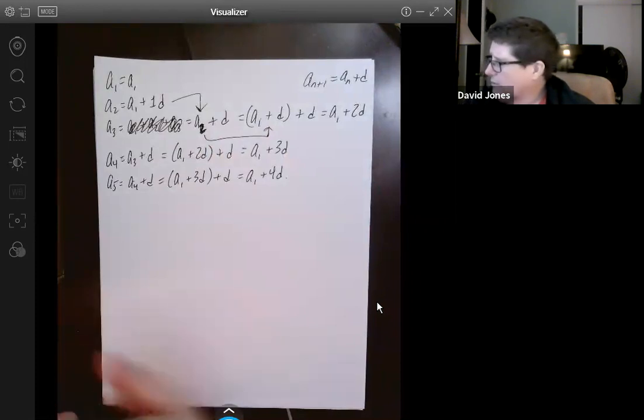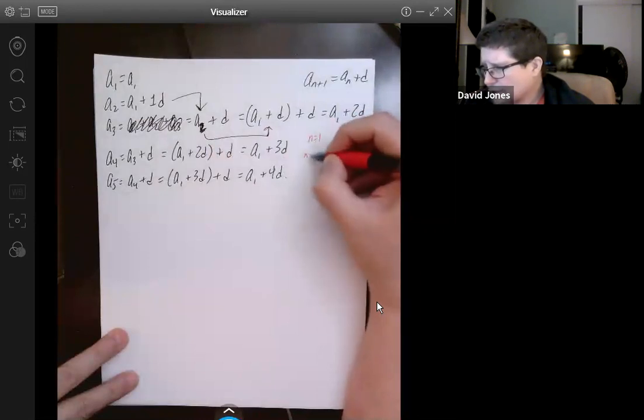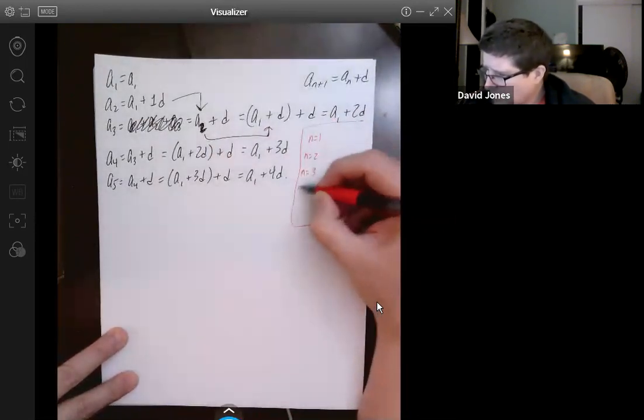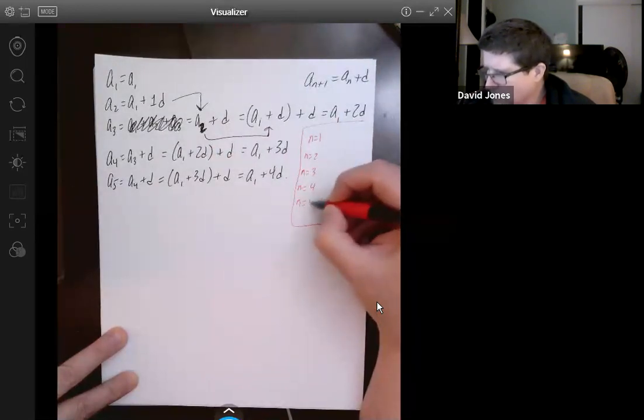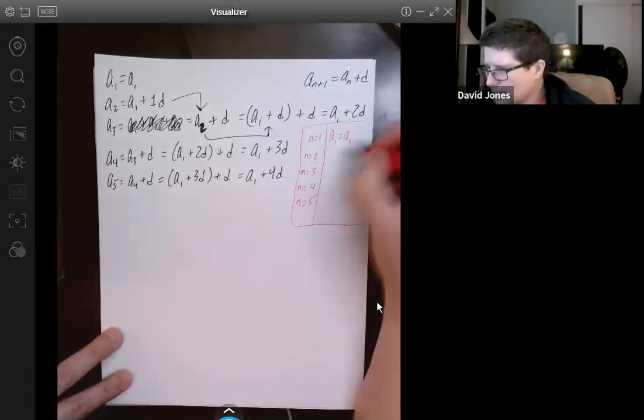So n equals 1, n equals 2. Let's just take a look at this. I had a sub 1 equals a sub 1, a sub 2 equals a sub 1 plus d, or 1d.